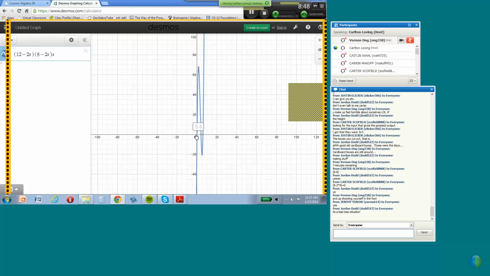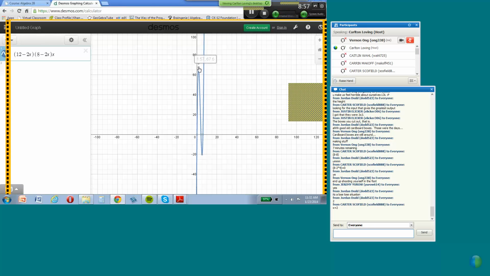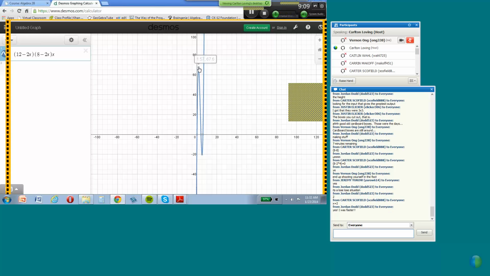So then what is the maximum? If you go up on the graph and look right here, apparently if you make these squares about 1.5 inches by 1.5 inches, you're going to get the biggest volume. 1.57.